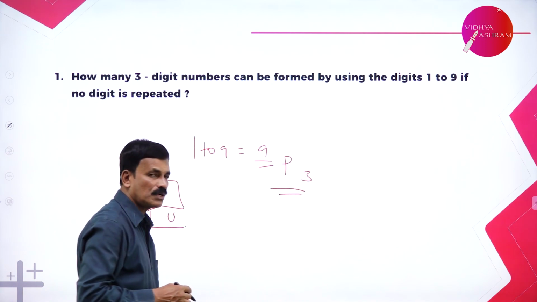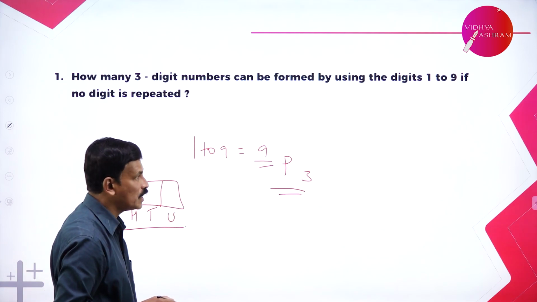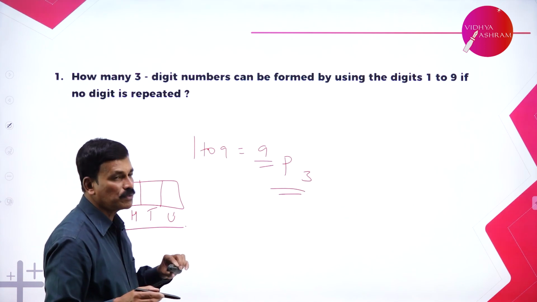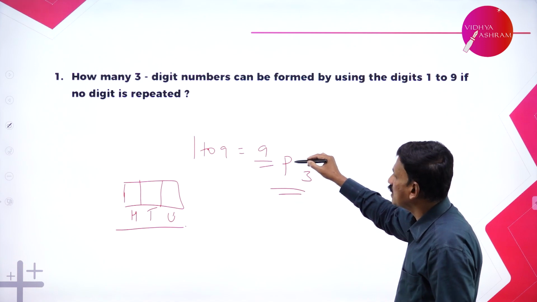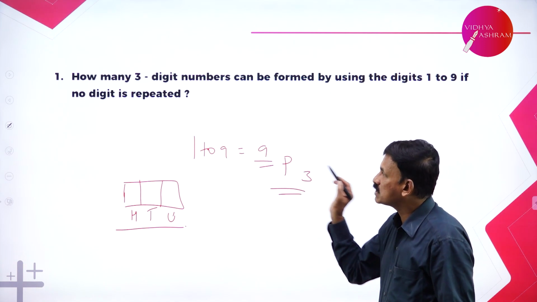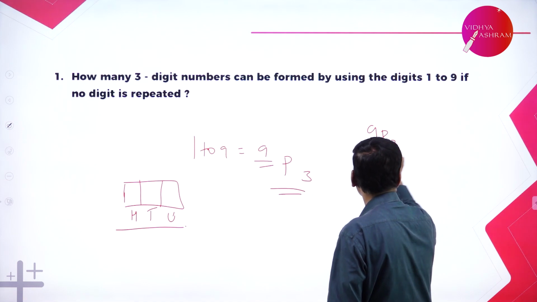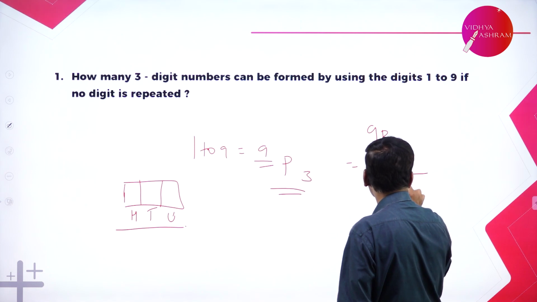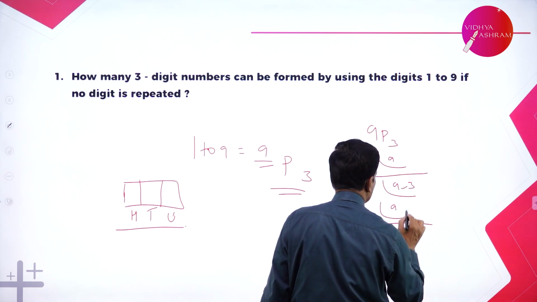So what is the given problem here? How many 3-digit numbers can be formed using the digits 1 to 9 if no digit is repeated, means this is nothing but the arrangement. The arrangement of 9 numbers taking 3 at a time is the given problem, that is nothing but 9P3. Just find out the value of 9P3. What is 9P3? 9 factorial divided by 9 minus 3 factorial, that is factorial 9 divided by factorial 6.